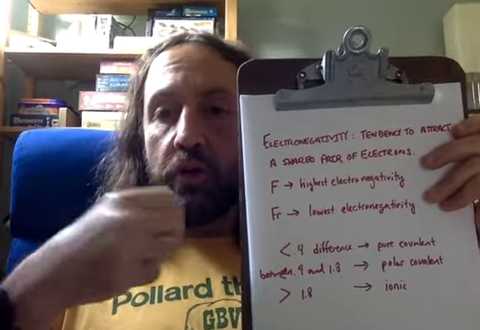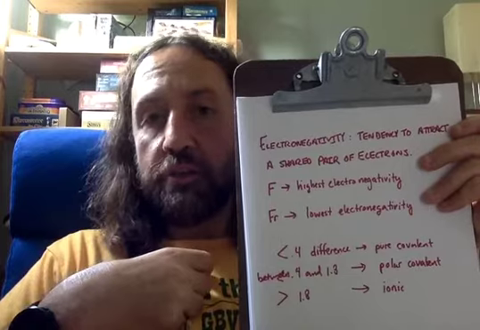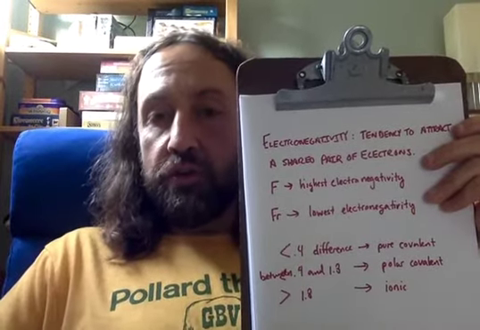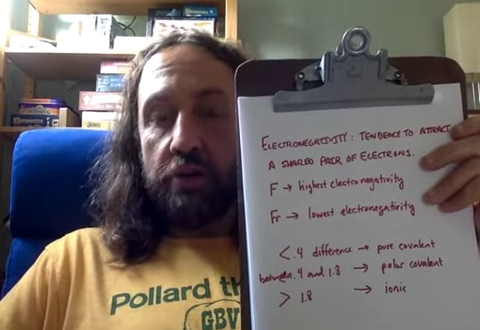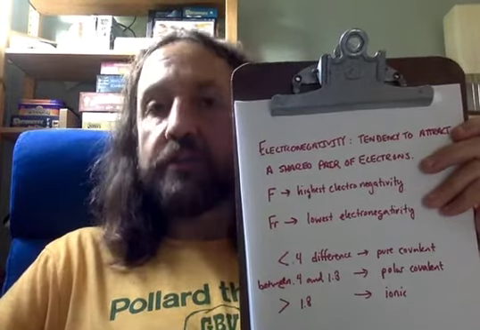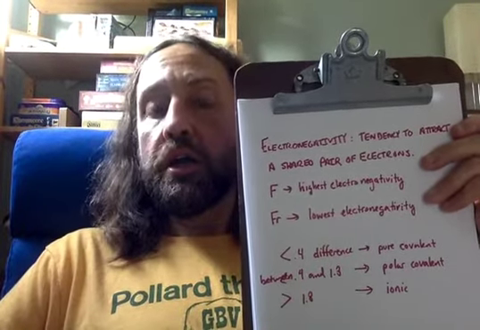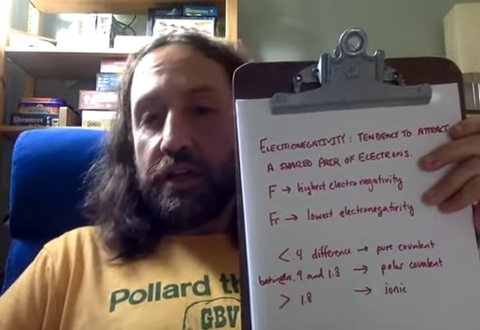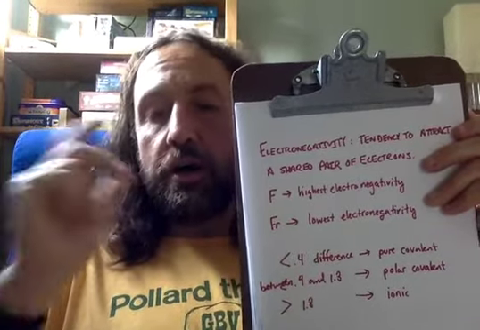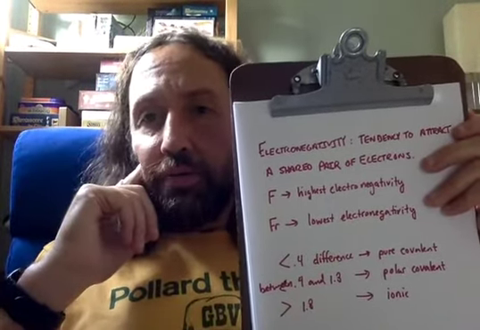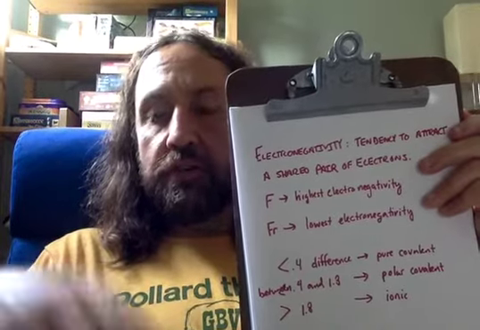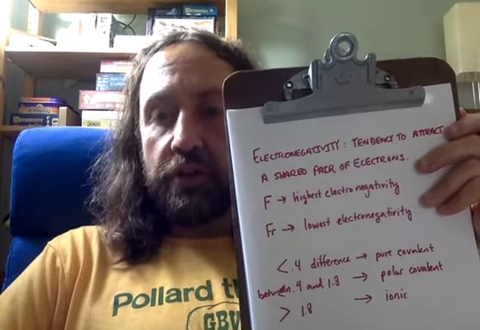The closer you are over to the left of the periodic table, that's going to be your metals. Closer over to the right is going to be your nonmetals. They're going to have higher electronegativities because they want to gain electrons. And then as you get in the middle, it's kind of the middle. And just remember that the noble gases don't really register much on electronegativity.